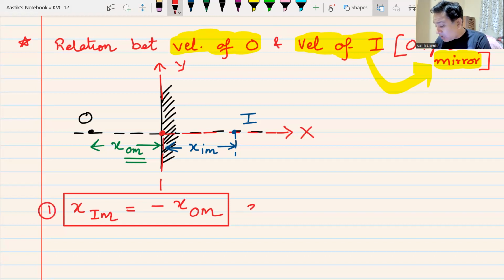Now I can talk about the y coordinate. Now I will ask you this question. What will be the relation between y coordinate of the image with respect to the mirror and y coordinate of object with respect to the mirror? You can see the y coordinate here. What happens to the y coordinate?